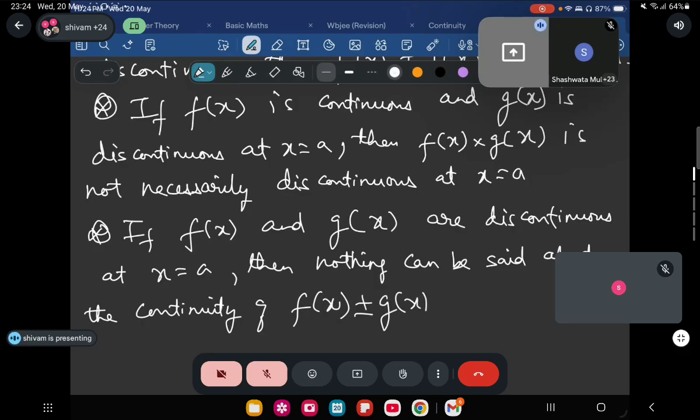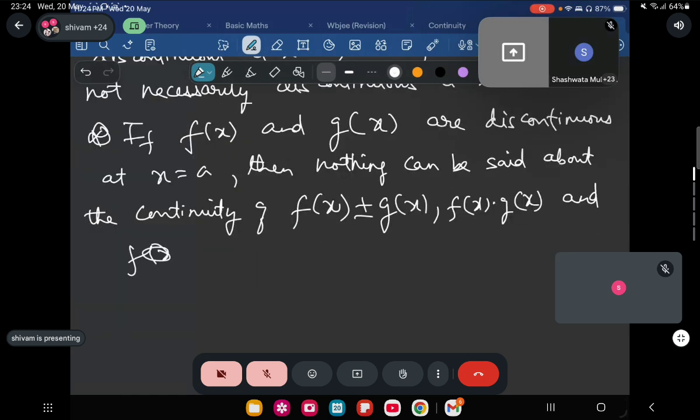Means we cannot say whether these will be continuous or discontinuous. F of x into g of x and f of x by g of x.